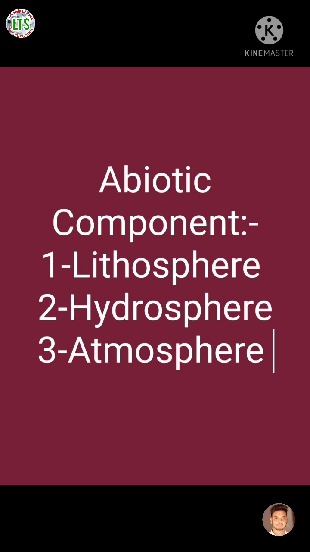What is the abiotic component or non-living component? The physical component has been subdivided into three categories: lithosphere, which we can say is the solid earth; second is hydrosphere, meaning water land; and atmosphere, meaning gaseous envelope.